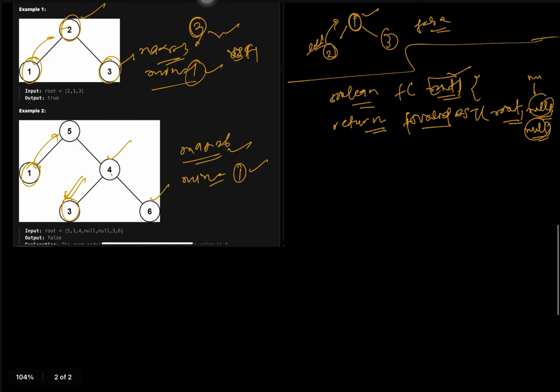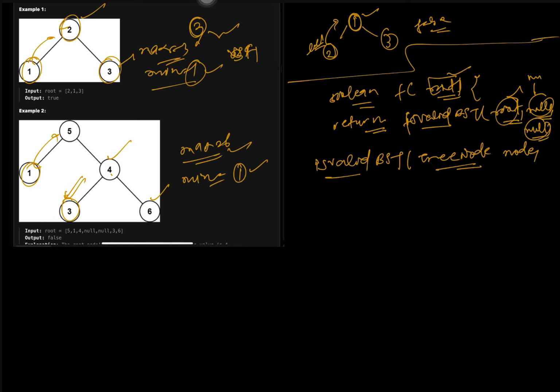Okay, so now let's look at the code. It is in the function which I made, validBST. In this I pass the root, which I name as node. In the above function it is root, but in this function I am naming it differently.